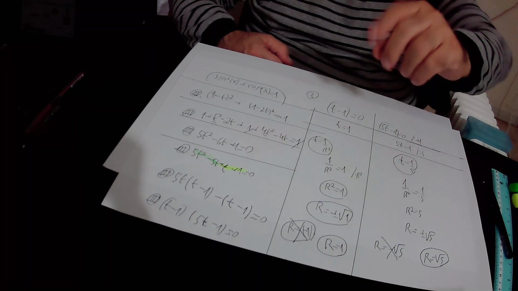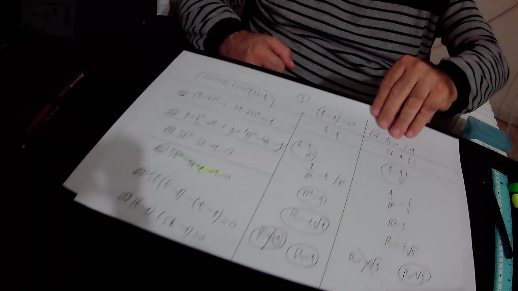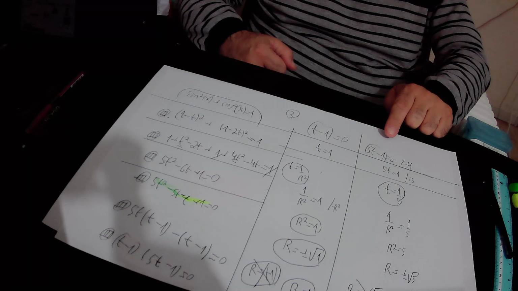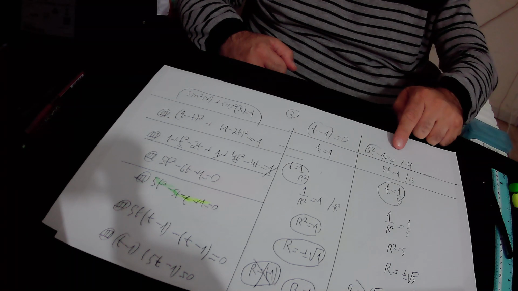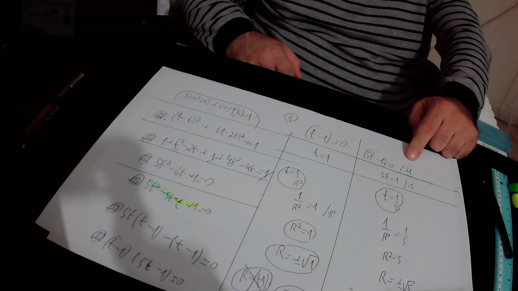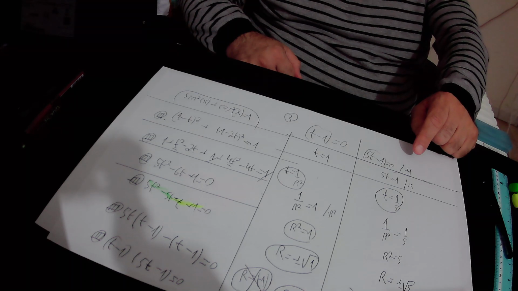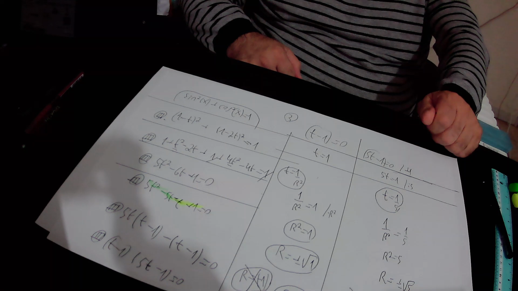In conclusion, r equals 1. According to the second possibility, that 5t minus 1 equals 0, we added 1 to this equation and found out that 5t equals 1. We divided this equation by 5, and we got that t equals 1/5.